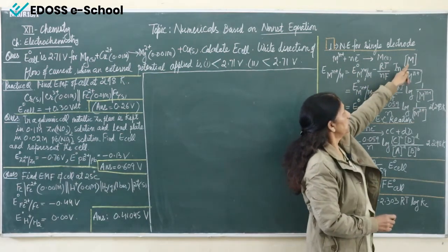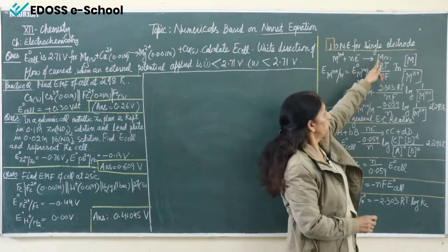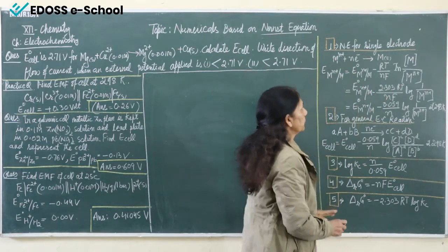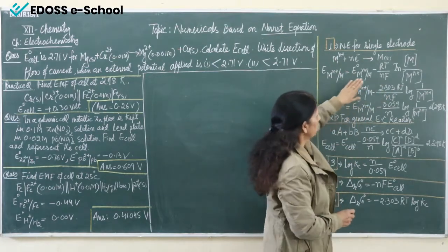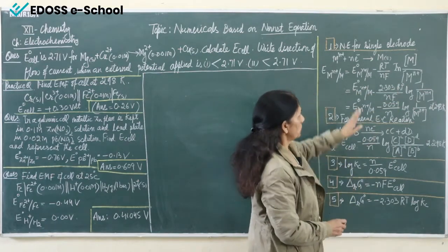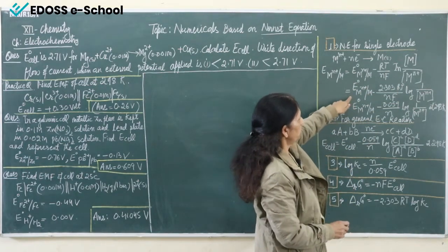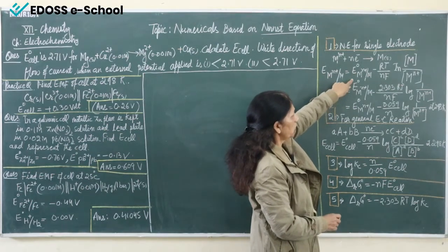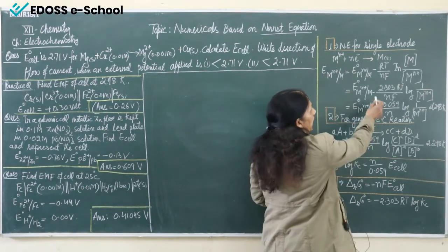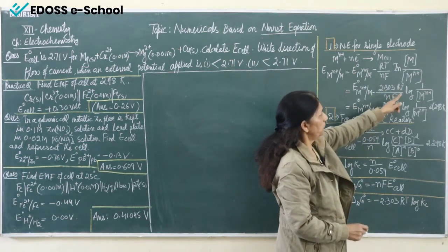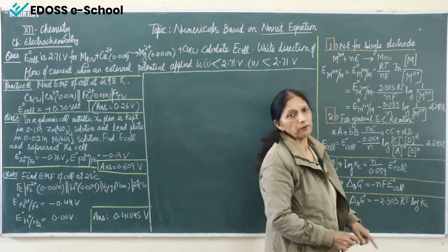This is the concentration of product and this is the concentration of reactant. Now we can simplify it: in place of ln, we convert the equation into log. So the equation will be E equals E naught, the standard electrode potential, minus 2.303 RT upon nF log 1 upon M n positive.